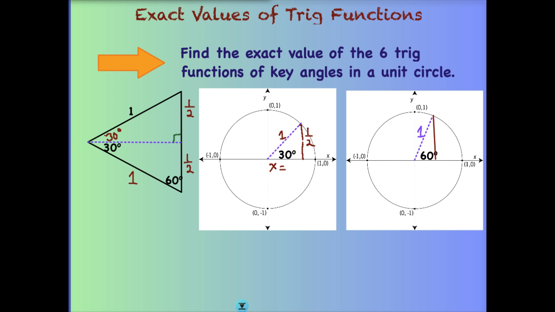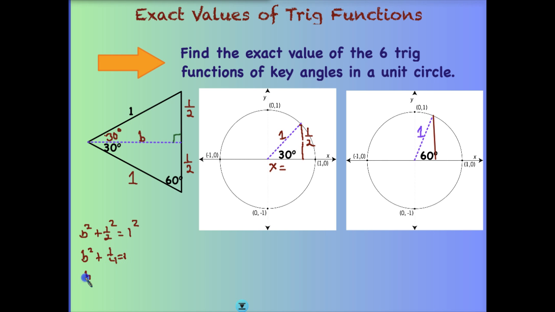Again, we can use the Pythagorean theorem to determine this value here. And we'll go ahead and just call this b. So if we look at this as a right triangle, we can do b squared plus 1/2 squared equals 1 squared. And that simplifies to b squared plus 1/4 equals 1.